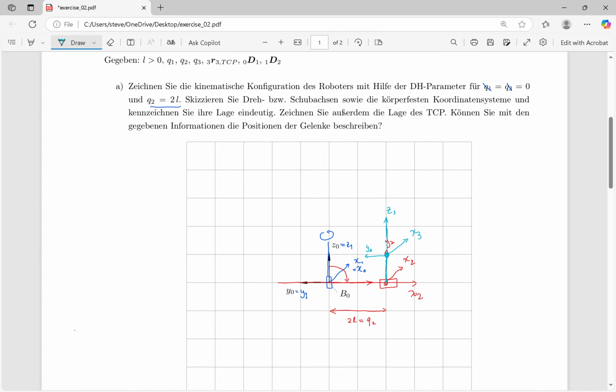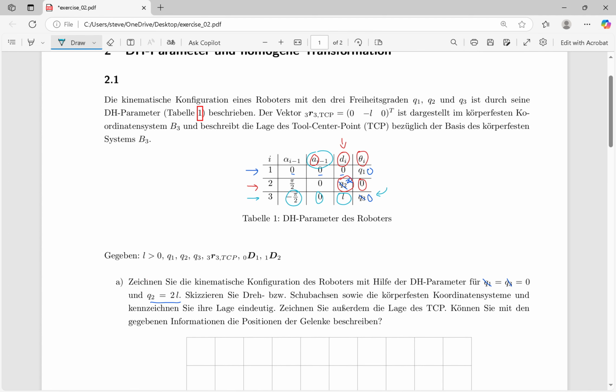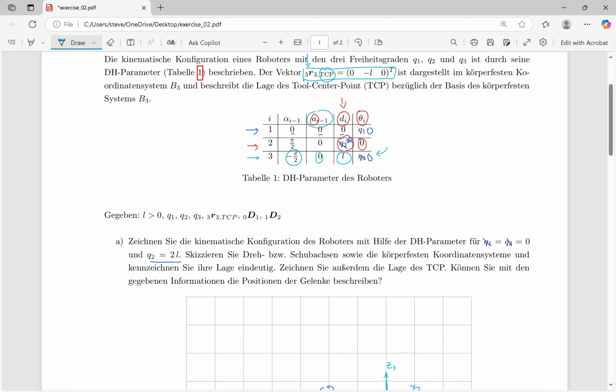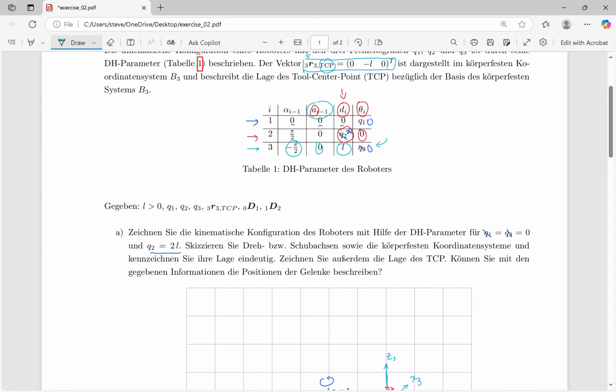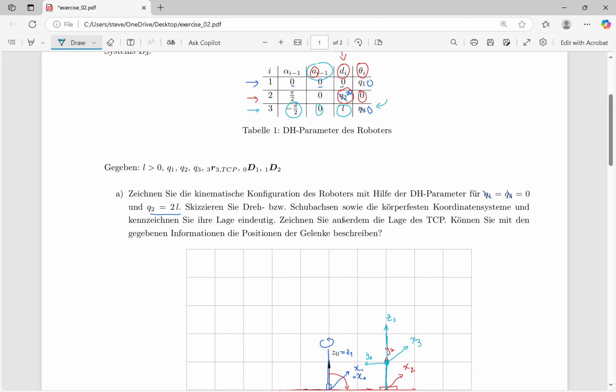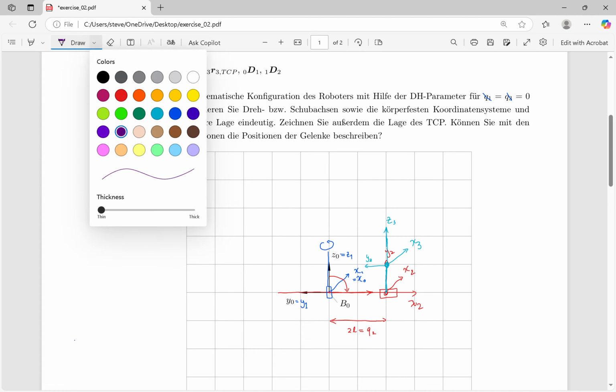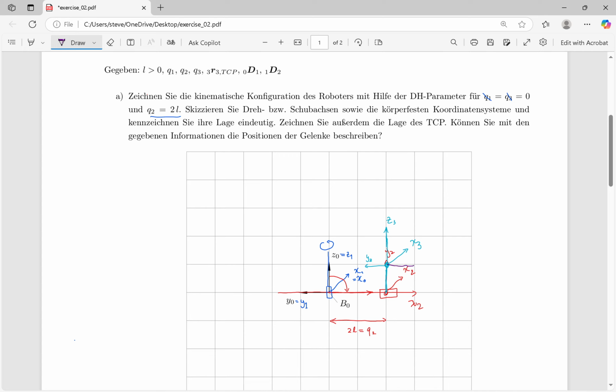Now we still have one last task, and that is to find this vector. And this is very simple. This reads that the two center point expressed in the coordinate system R3 is 0, 0, negative L, 0. And that means that we just move in the negative y direction a distance of L. And this would be our two center point.